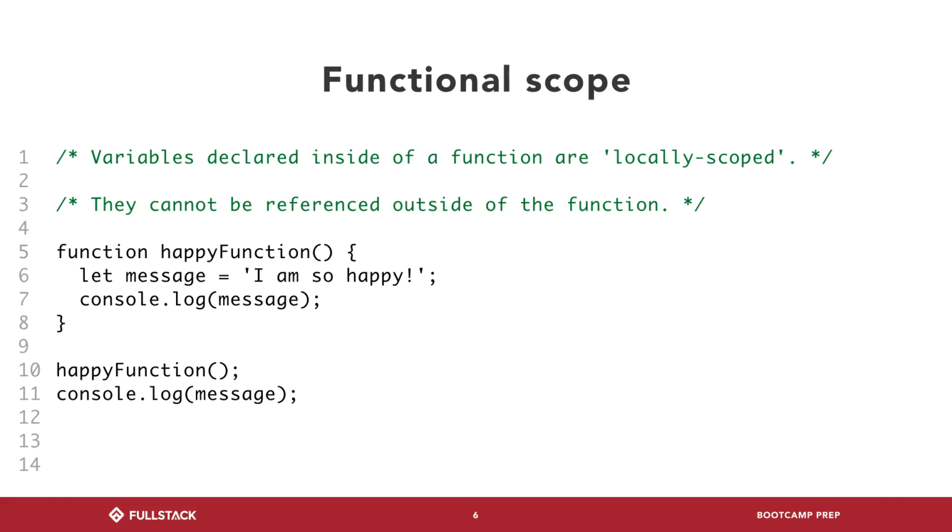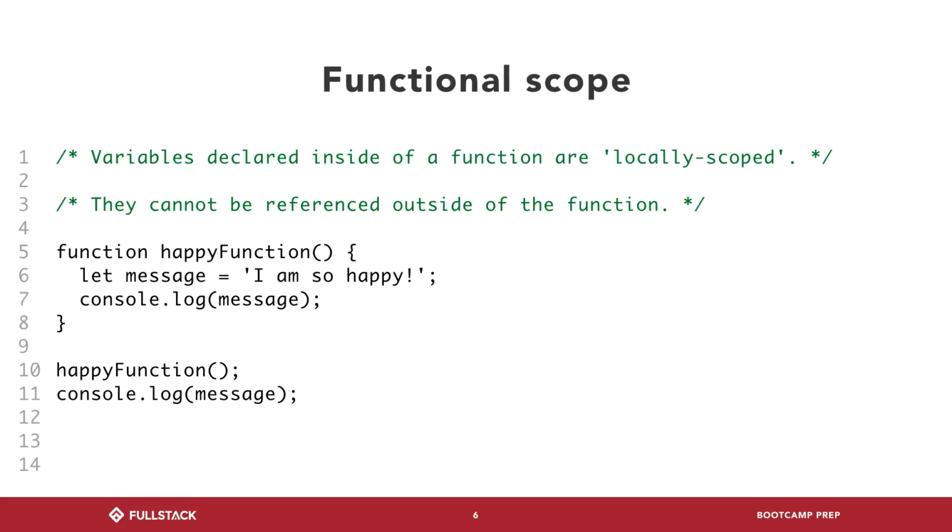What that also means is that within the confines of this happy function, we have access to every variable created in this function, as well as every variable created in its parent function, right? But if I create a variable here called message on line 6, guess who doesn't have access to it?